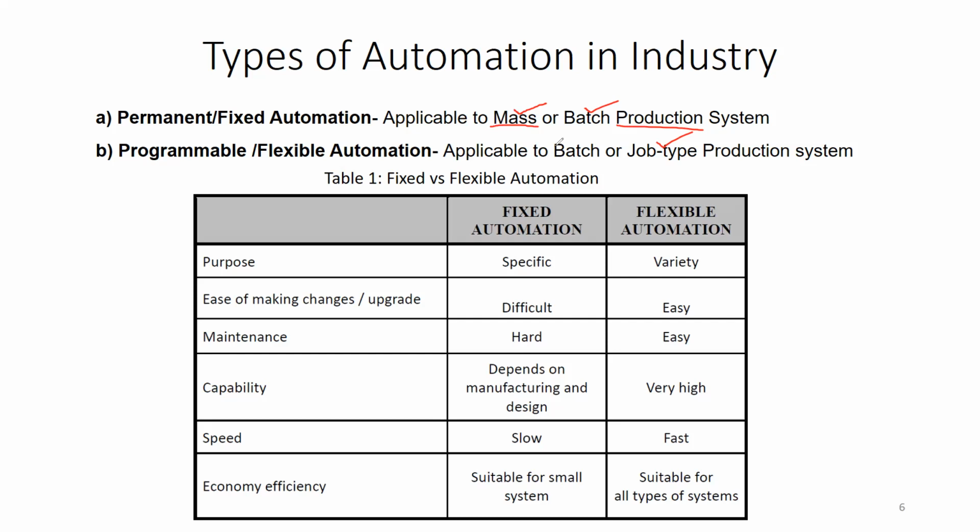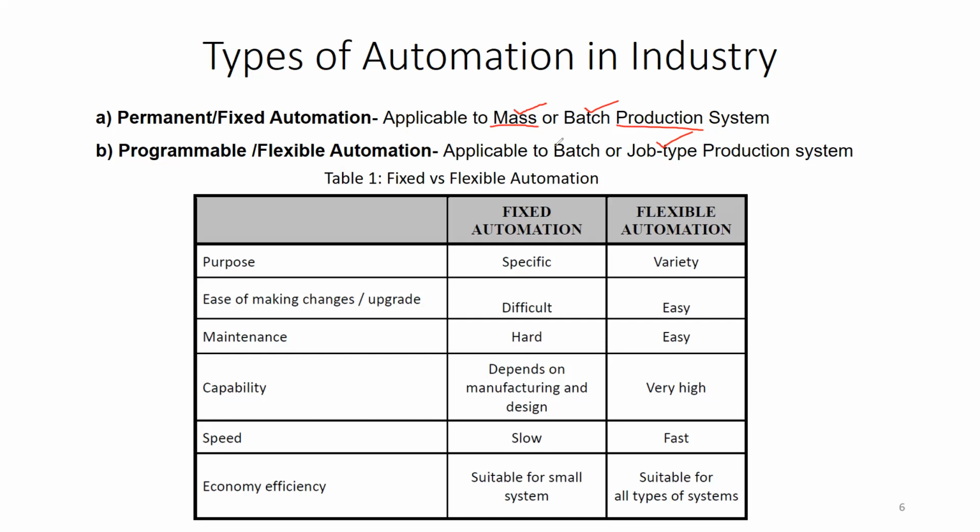Companies have planned their systems like this: as per the demand in the market, if this vehicle has more demand, we will keep the production line for this vehicle for a larger time period, and after that we will make certain changes in the system and make it applicable to the other type of product which needs to be produced.